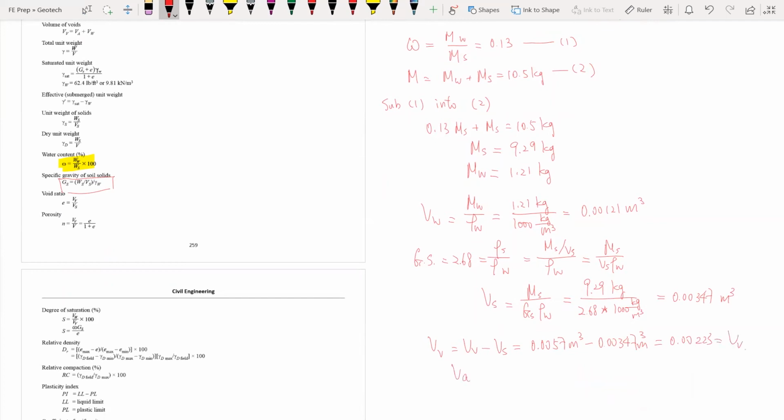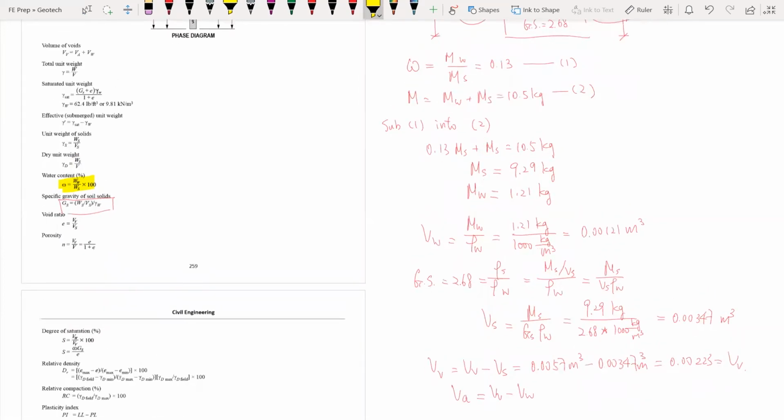And also we can find out the volume of air is equal to the volume of void minus the volume of water. And the equation for the volume of void can also be found on the FE manual right there. So we plug in the numbers. That gives us the volume of the air.